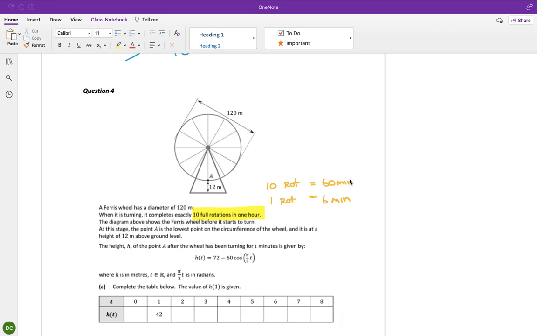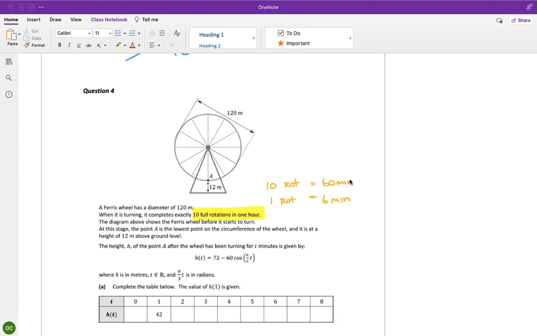What I have in my calculator looks exactly like what's there, except instead of t I have x. So 72 minus 60 cos, shift pi over 3, alpha x, close brackets.